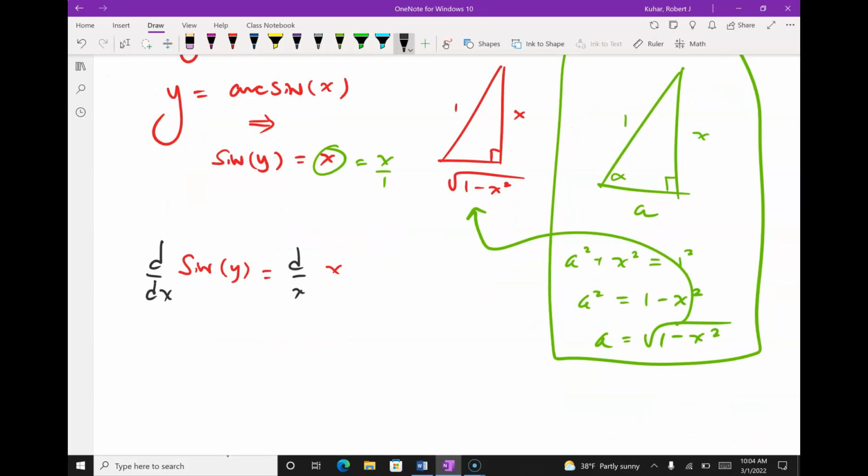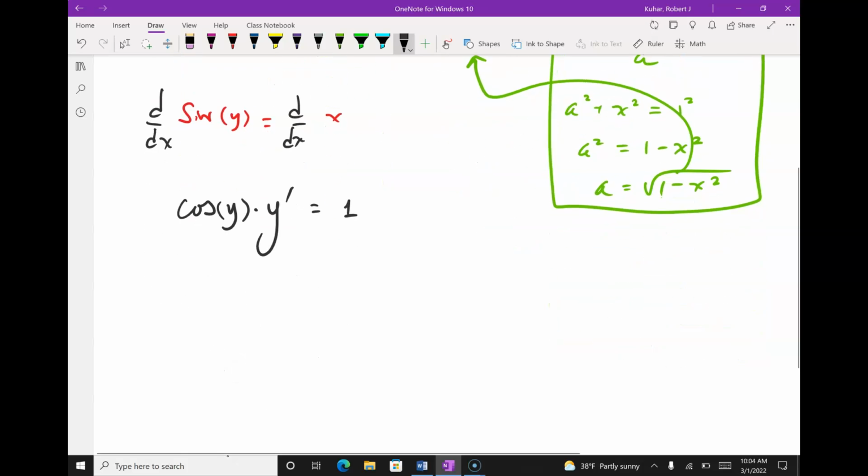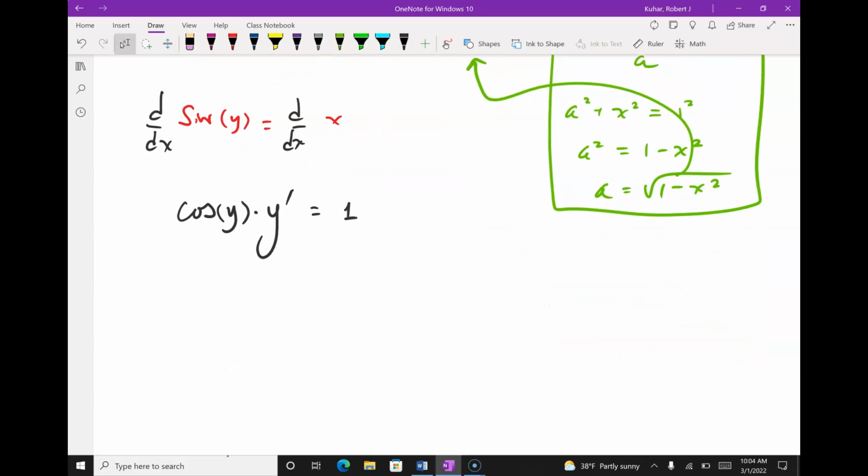Left-hand side, derivative of sine is cosine, but I need also the derivative of the inside, which is y prime. And on the right side, d dx of x is 1, right? Solving for y prime, I get y prime equals 1 over cos of y. And of course, I could write that as secant of y.